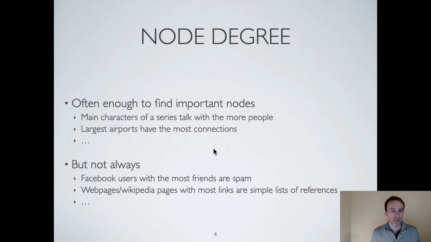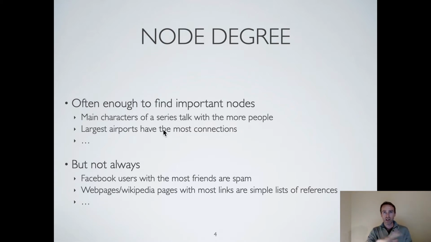So for instance, if you have a social network of interaction in a TV series or in a book, the main characters will probably be the characters with the most interaction with all the other characters. So the highest degree will correspond to the main characters of the show or of the book.